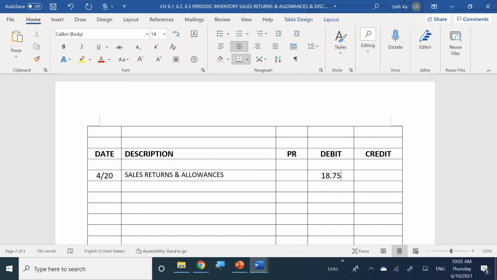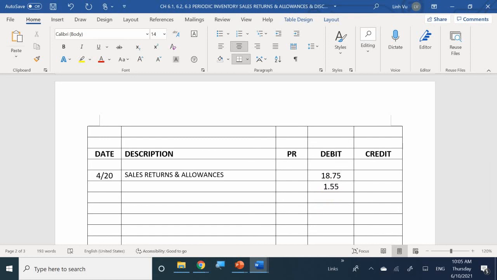Yes. So 125 times 15% is $18.75. What's my tax off of the $18.75? $1.55.